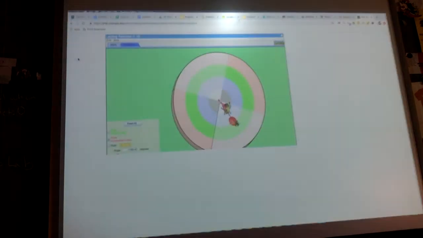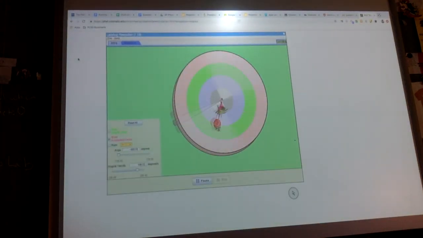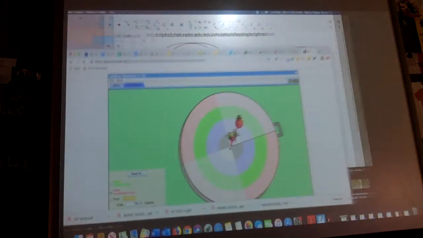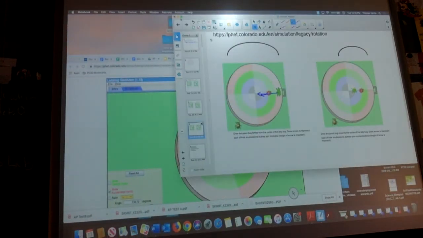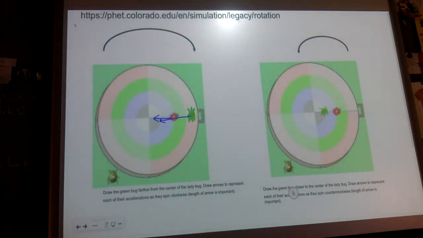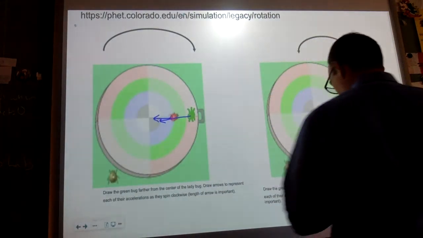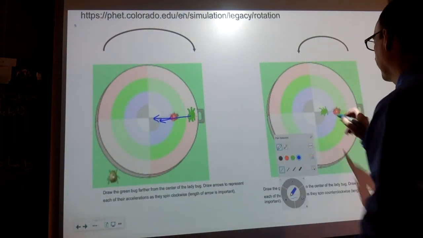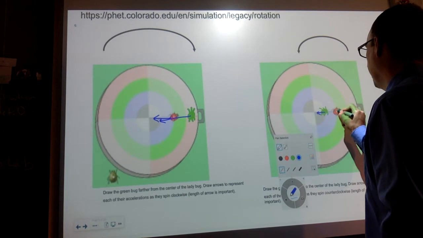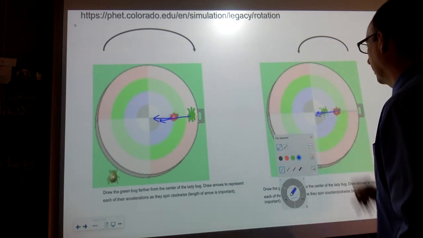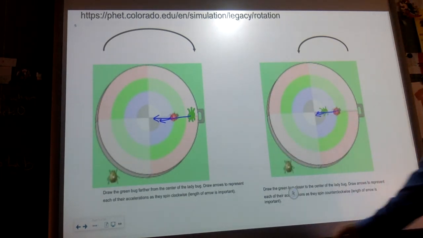I don't know if you can tell, but they're still both going towards the center. The ladybug has a longer arrow in the same direction. So we have a short arrow and we have a long arrow.